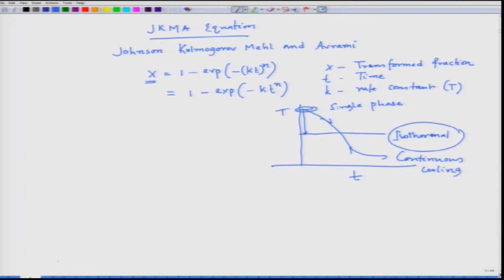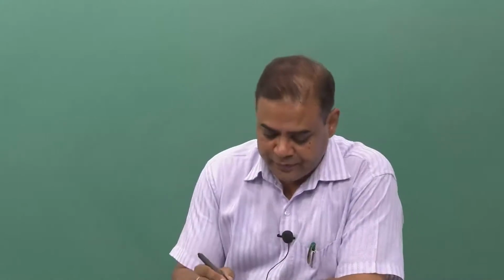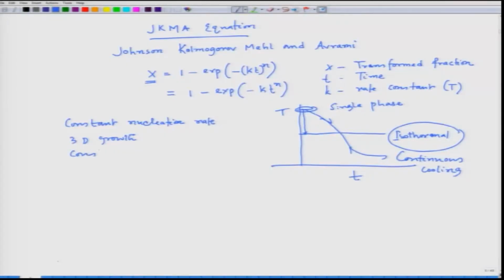And now let us say we consider constant nucleation rate and also 3D growth, that means the nuclei formed are growing in all 3 dimensions, as well as constant growth rate.